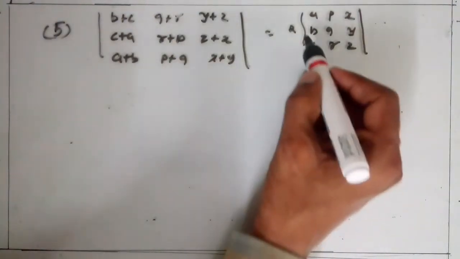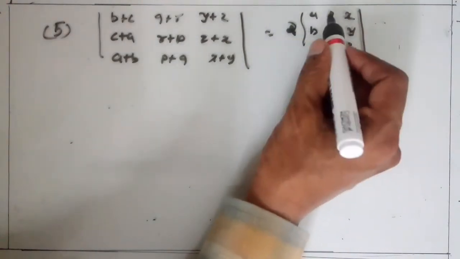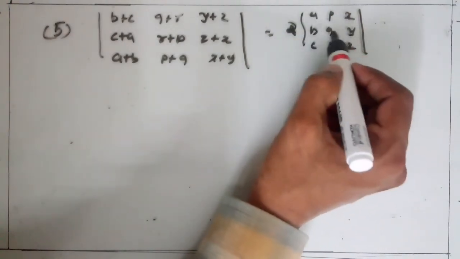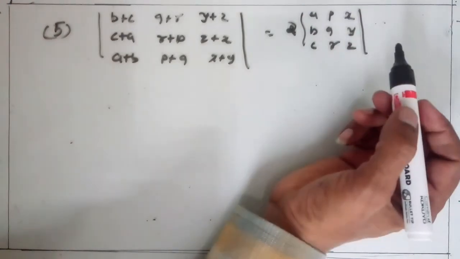The value of this determinant is equal to 2 times determinant A, P, X, B, Q, Y, C, R, Z.